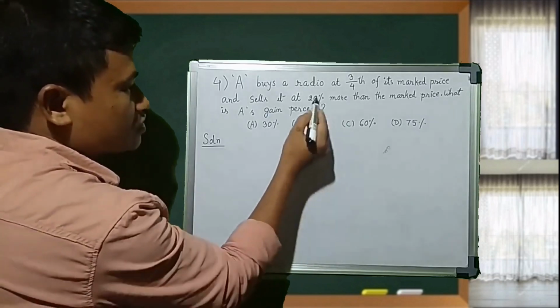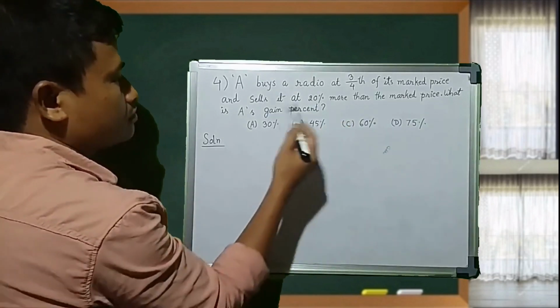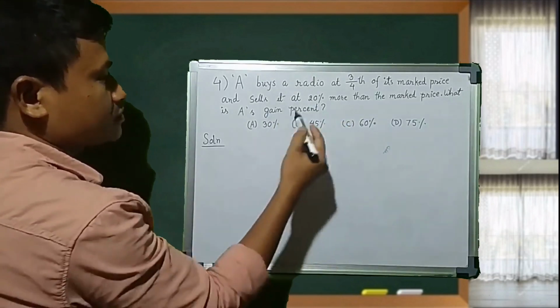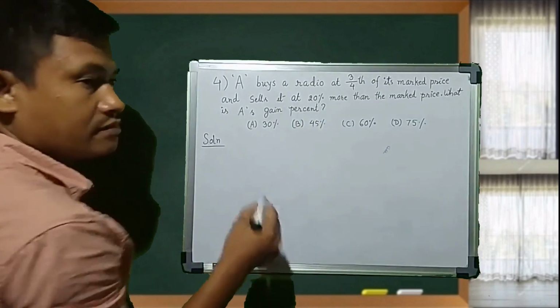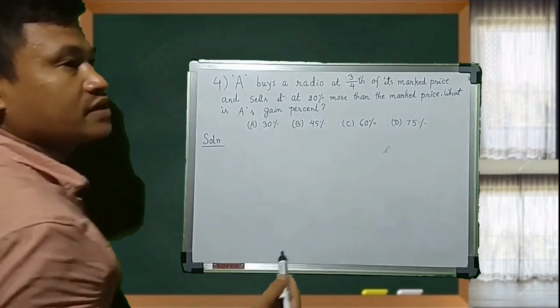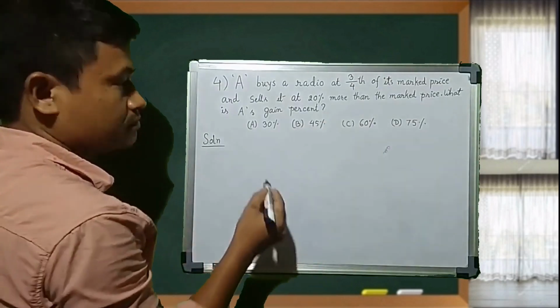Percentage is always related with marked price, or discount, etc. So it is convenient to consider the marked price as 100 rupees.